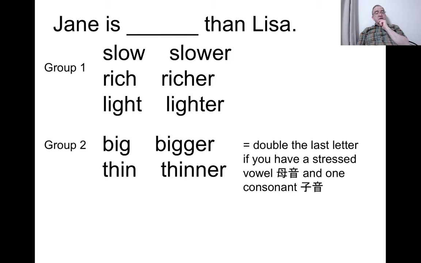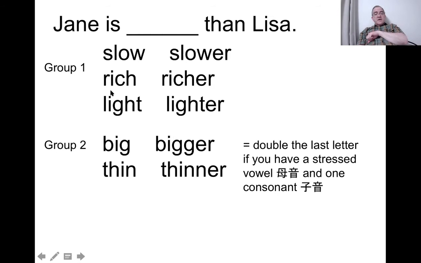Okay. Now notice that bigger and thinner have double letters, GG, NN. Why? Well, you see richer here? There's one vowel, but there are 2 consonants, the ch and the r. Now here with big, we have 1 vowel and 1 consonant.